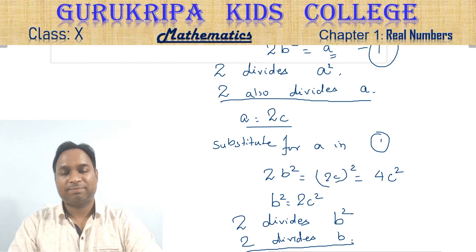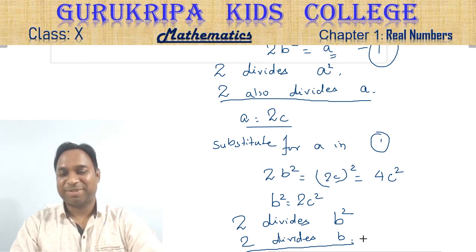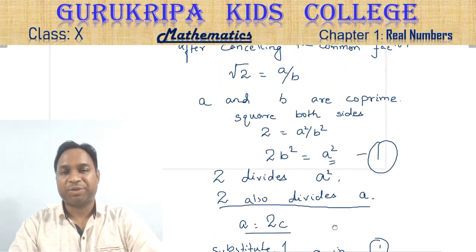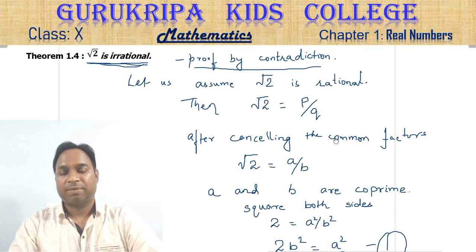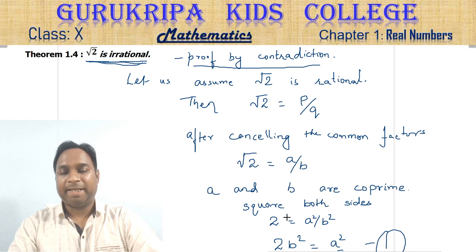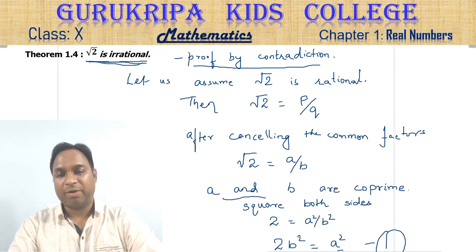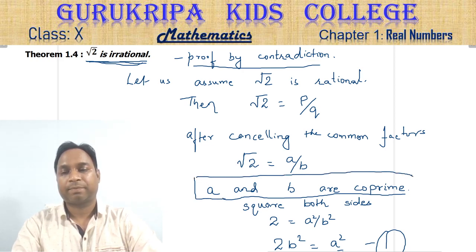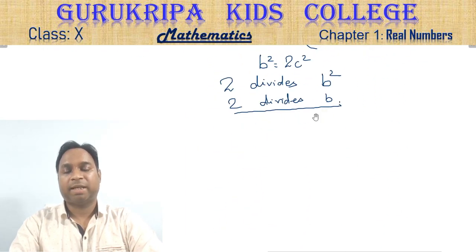Is it possible? No, it is not possible because we had already assumed that a and b are co-prime. So this cannot be true.